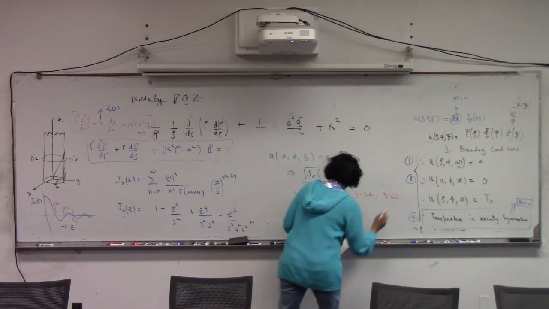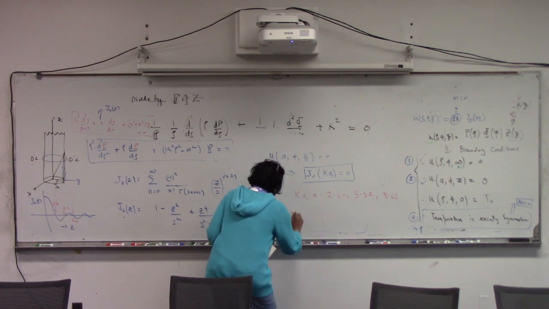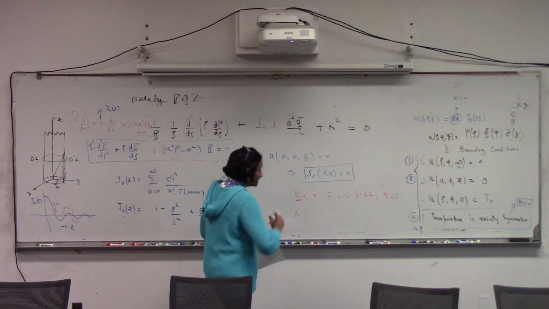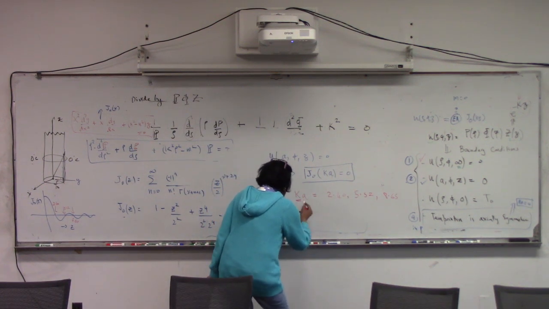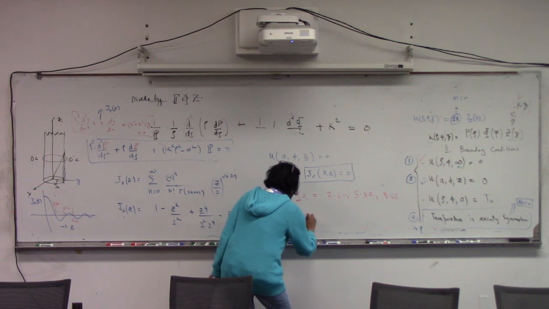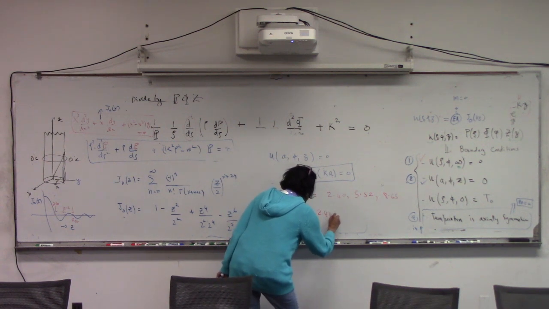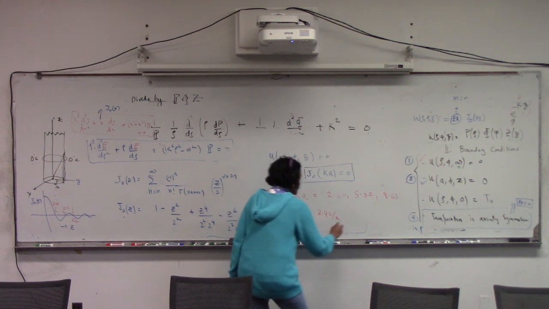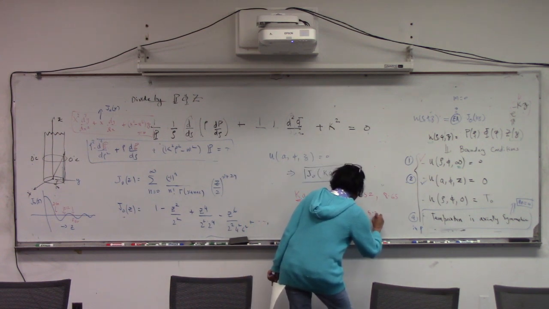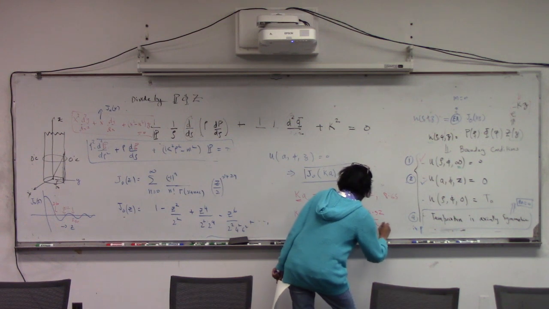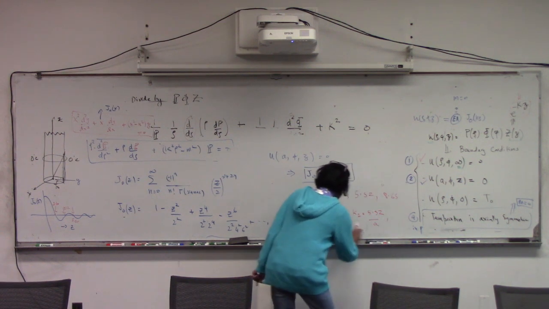These are numerically done, so k is now discrete, not a continuous variable. k1 is 2.40 over a, at which the Bessel function of 0th order will become 0. k2 is the next one, and so on and so forth.